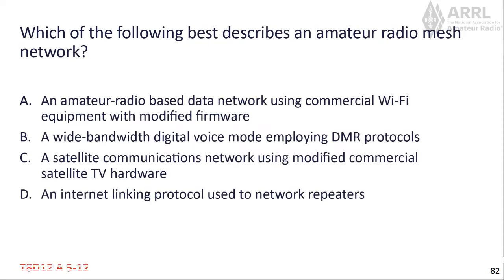Okay, which of the following best describes an amateur radio mesh network? I hope in your book that they talked about mesh networks a little bit. Okay, an amateur radio station based data network using commercial Wi-Fi equipment with modified firmware.